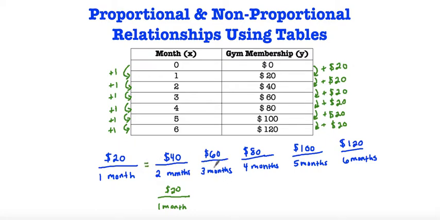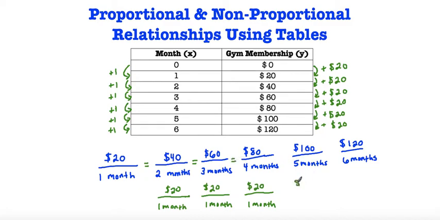And if I simplified $60 for 3 months, that would also be $20 a month. So that would make that rate equivalent. $80 for 4 months would also simplify to $20 a month. So that would also be equivalent.